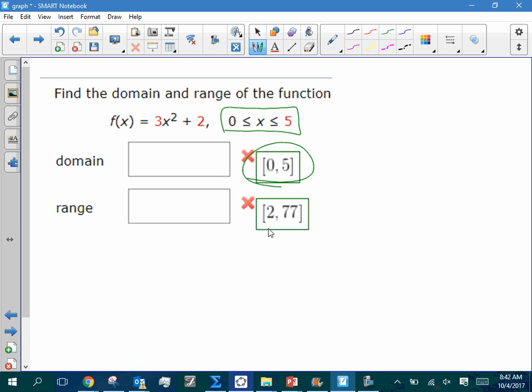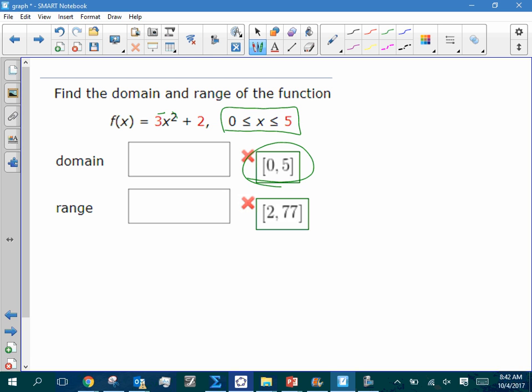Now, it's not always this easy. But basically with this problem, because this is a parabola and it's been shifted up, the vertex is still on the y-axis, so we know the lowest point on this parabola is still on the y-axis. You can plug in 0 here for x, and you get f of x to be 2, right?